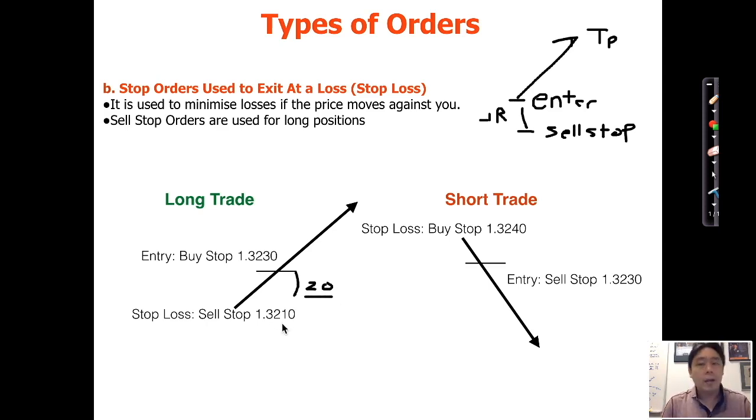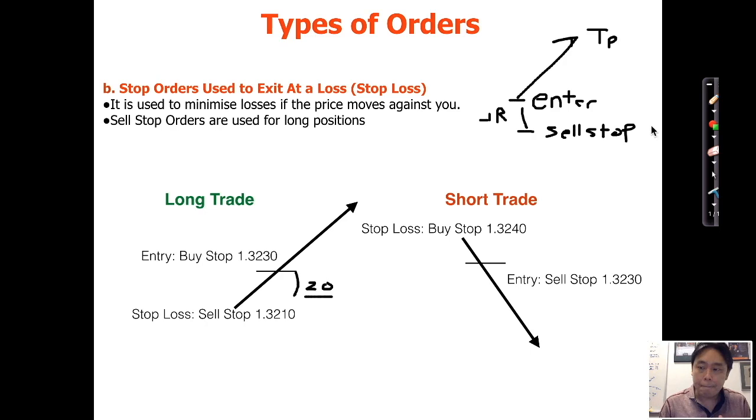It gets converted into a market order and sells for me immediately at 3210 or at the market price at the point of time. So again, I'm not guaranteed to get that price, but I want to get out as soon as possible. Most of the time, you get filled at a very, very close price. So once again, with stop orders, it converts to a market order. Your price is not guaranteed, but we're going to enter and exit close to where it is.